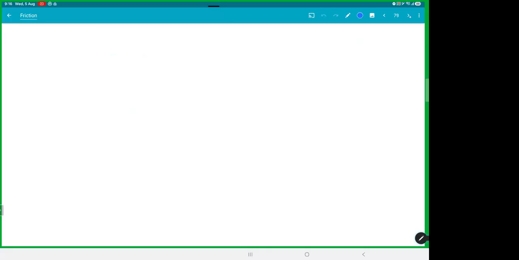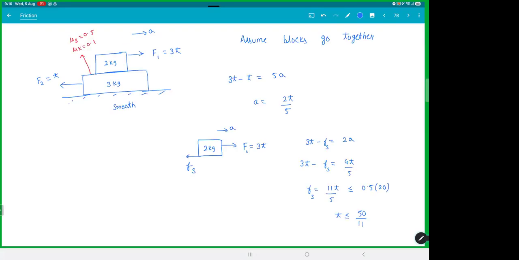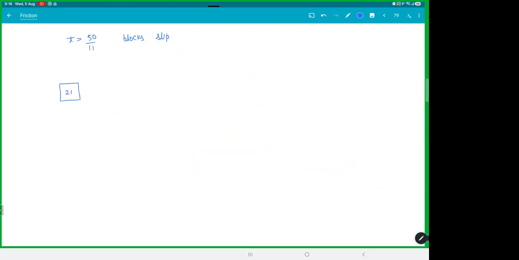After 50 by 11, it is the same process every time. For t greater than 50 by 11, the blocks will slip. If the blocks slip, for the 2 kg block, F1 is equal to 3t.